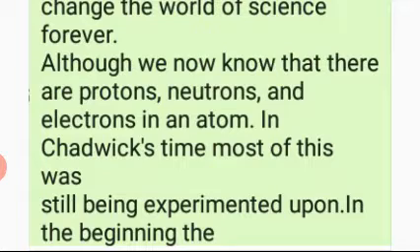At that time, electron and proton were discovered. Neutrons had not been, and if the particle was not discovered, who can tell the name?